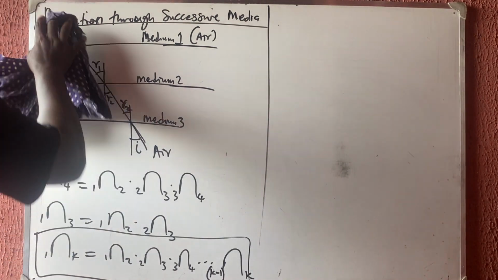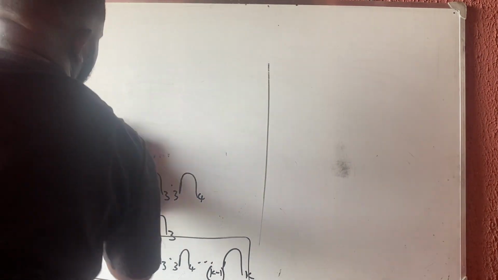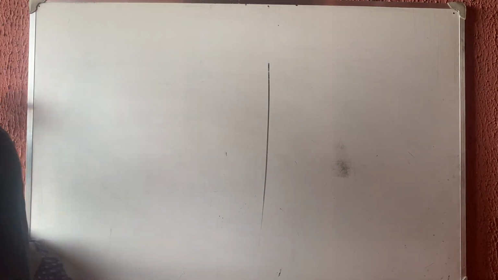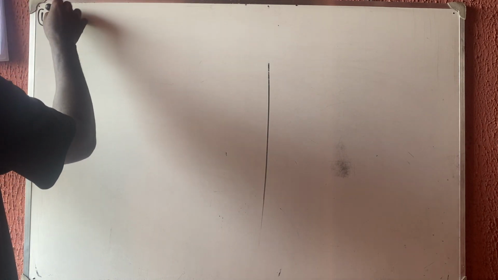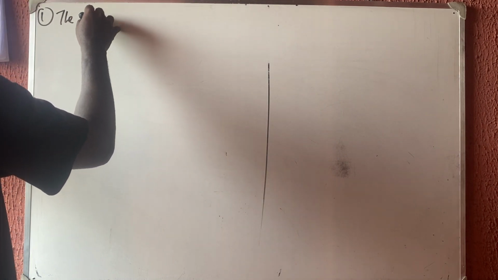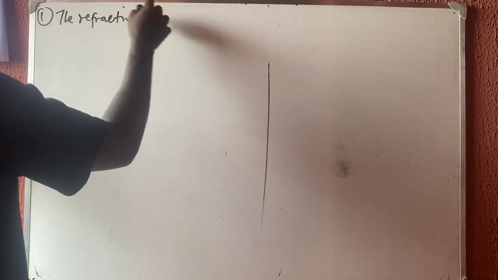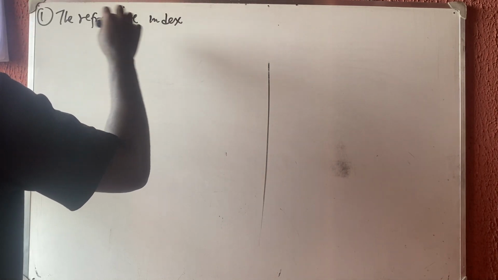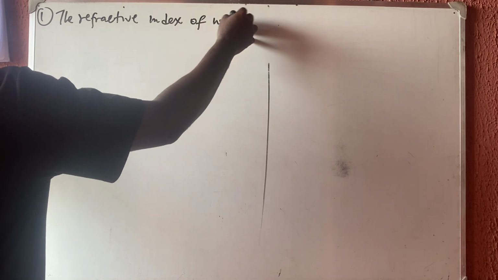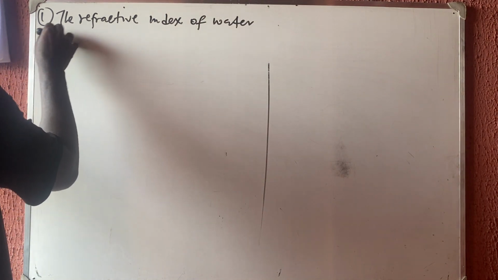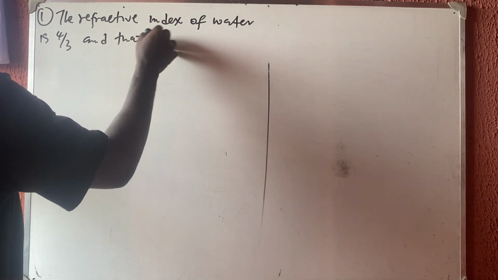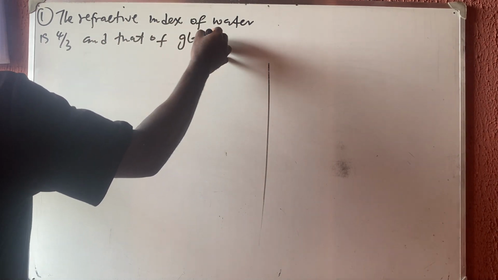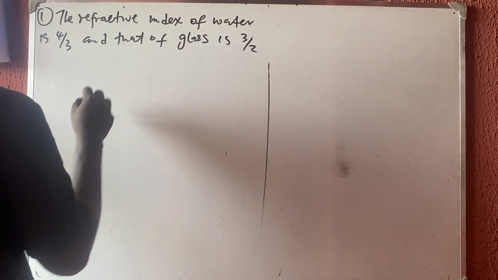So let us solve calculation to illustrate that. Calculation time is a blessing time. So let us solve calculation and be blessed. Question number one said the refractive index of water is 4/3, and that of glass is 3/2.